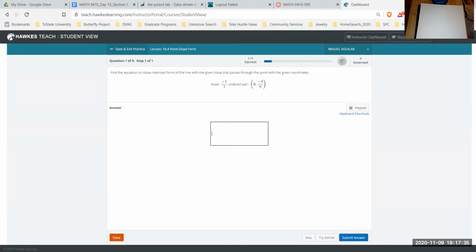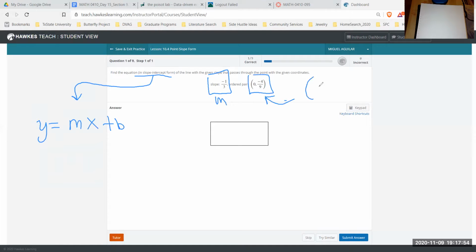So again, as soon as you see slope-intercept form, you should think to yourself, let me go ahead and write this equation down. Y equals mx plus b. That's slope-intercept form. And we need to plug in this slope and this point. And luckily, they've given us 0, b, which is our y-intercept.